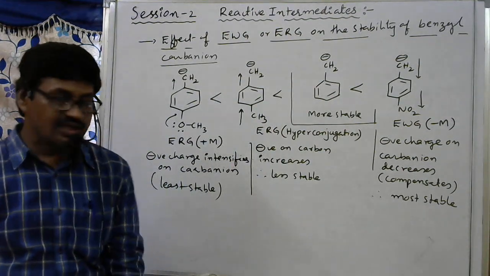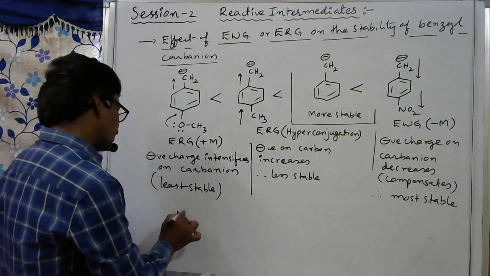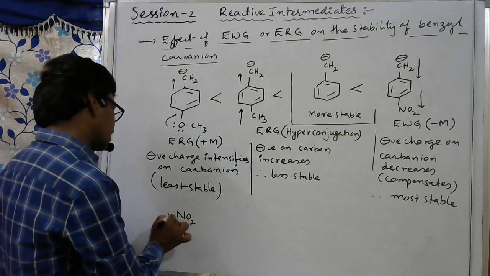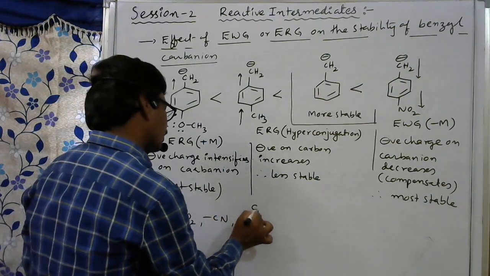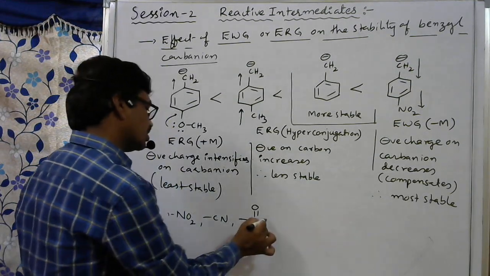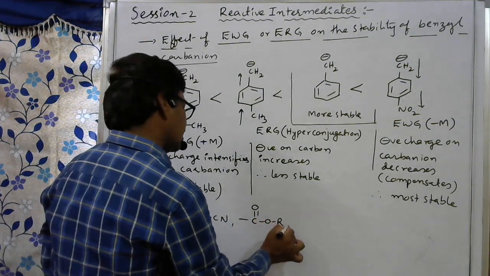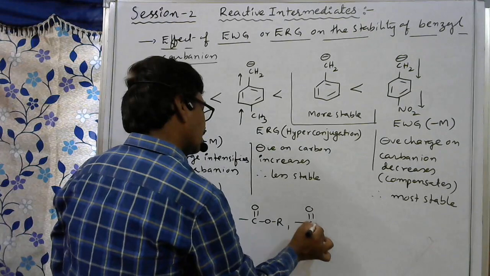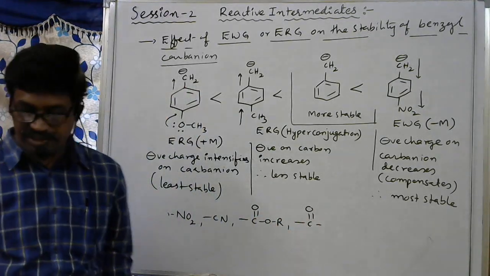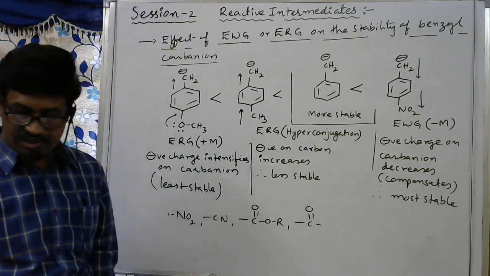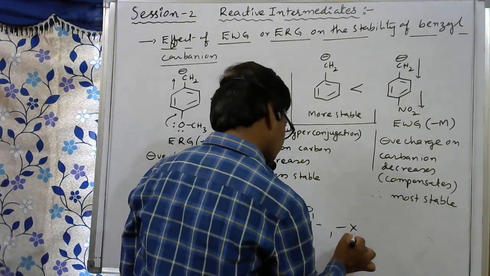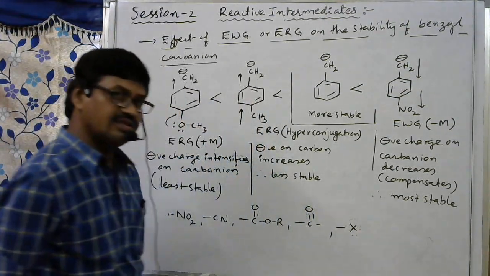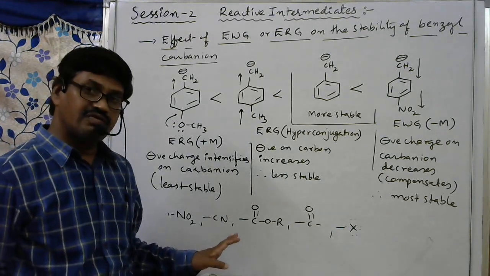So here lies the NO2 group, then CN, then COO, or we can write otherwise C double bond O. All these groups are electron withdrawing groups. Even halogens also we can consider.